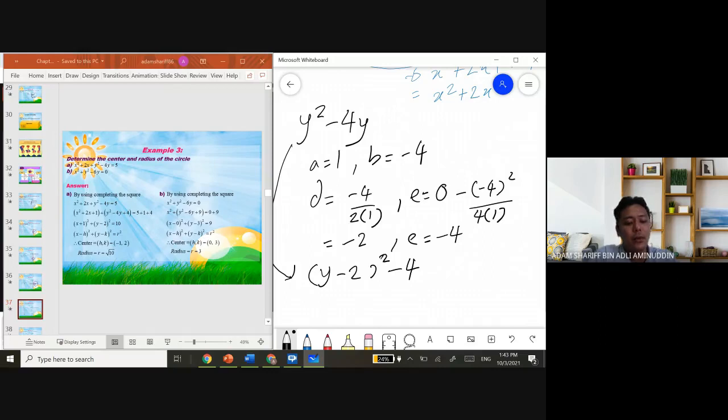Okay, so sama juga, sentiasa check balik. y squared minus 4y plus 4 minus 4. Yes, correct. Kita akan dapat y squared minus 4y back.